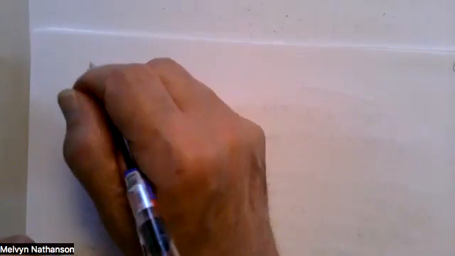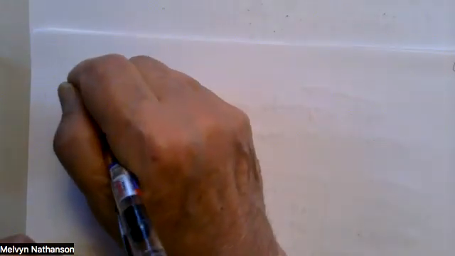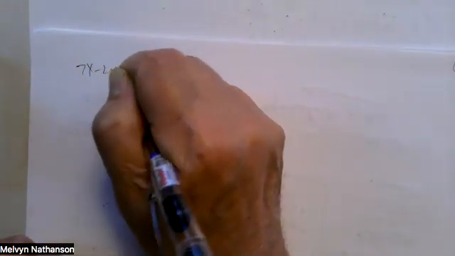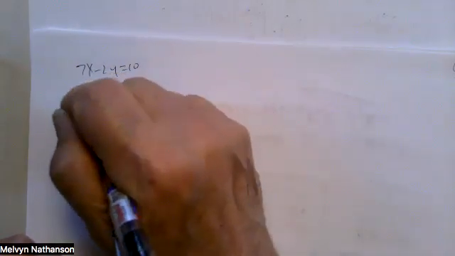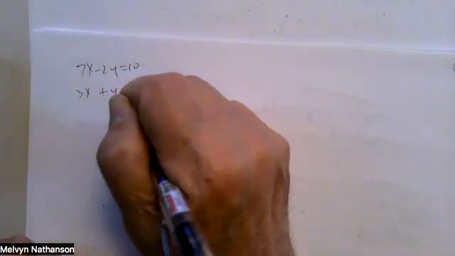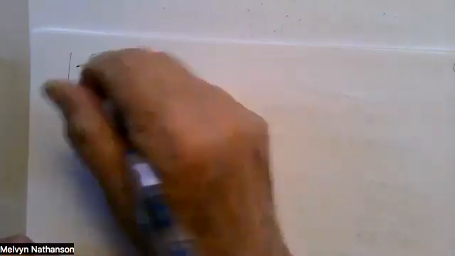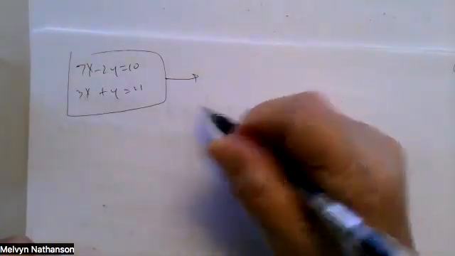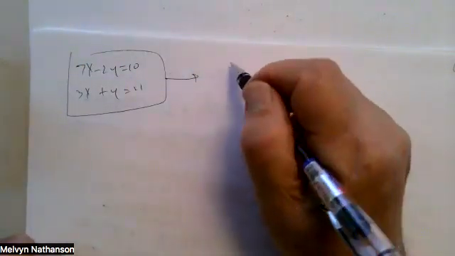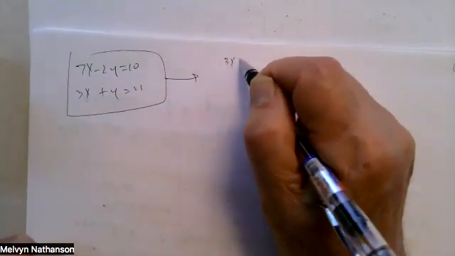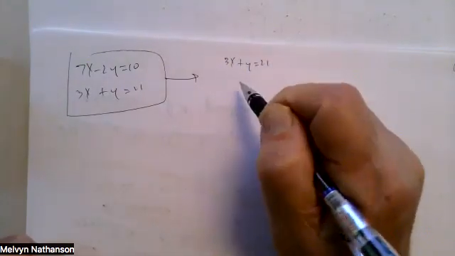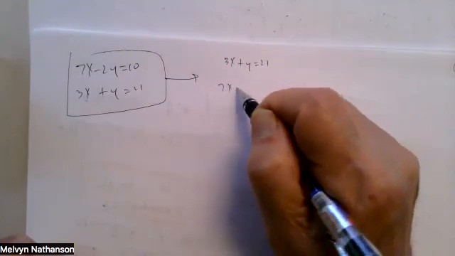So let me give a sort of silly example. Here's a system of equations we just saw. 7x minus 2y equals 10. 3x plus y equals 21. That's one system. Suppose I interchange the two equations. I write the second one first, and the first one second.